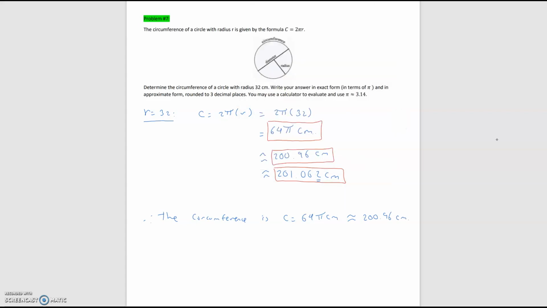If they had mentioned use more digits, then the last one where we use the pi symbol would have been perfectly fine, because that carries about 8 to 9 digits as opposed to just 2. That's actually it for this problem. I'll put the other ones on a different video.